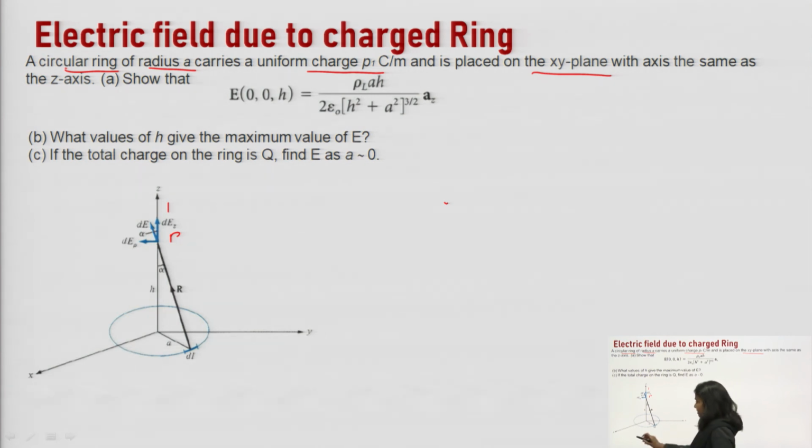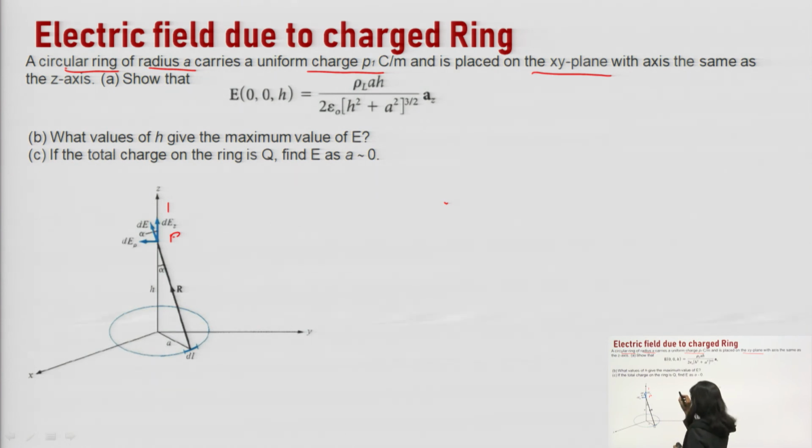We can see here that this is the x axis, this is the y axis. A circular charged ring is placed on xy plane and one point P is here where we need to find electric field.